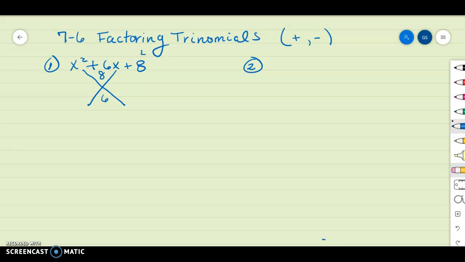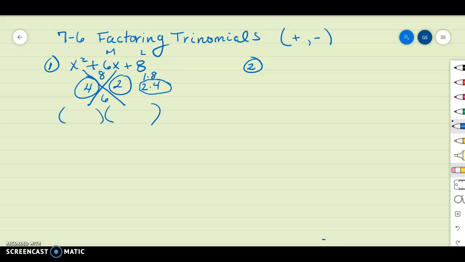This is the last, this is the middle. Find the factors of 8 and decide which one will add or subtract to be a 6, which is 2 times 4. So let's put 4 and 2 here, and those are your numbers.